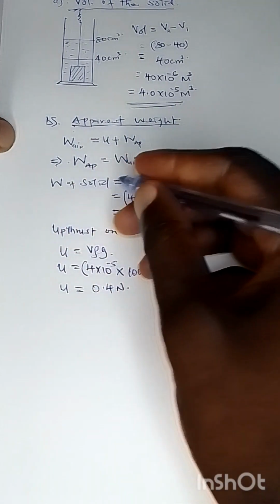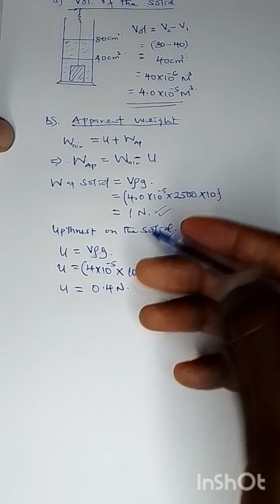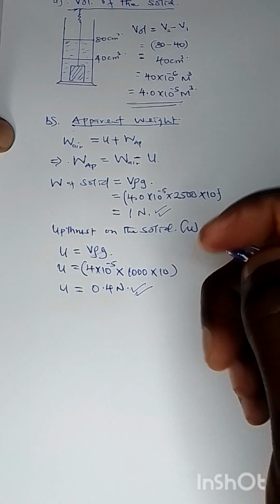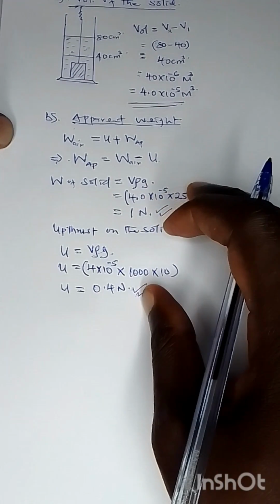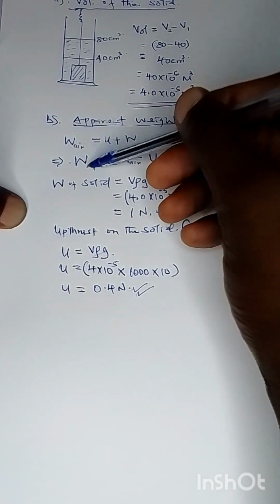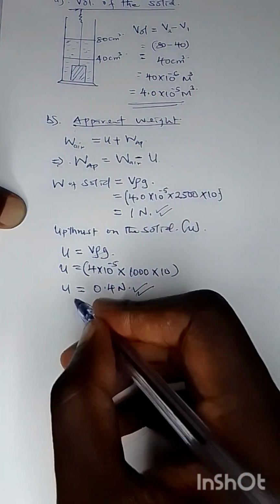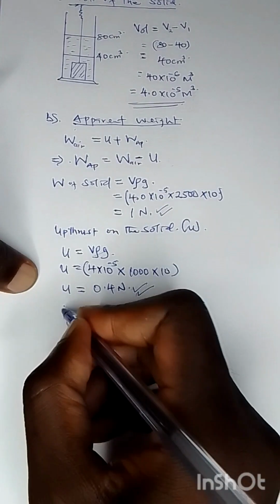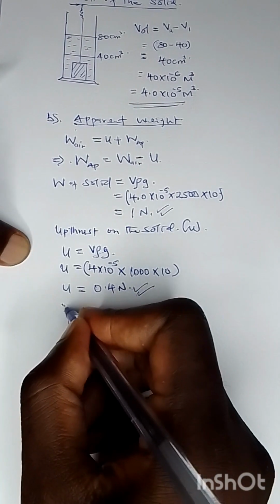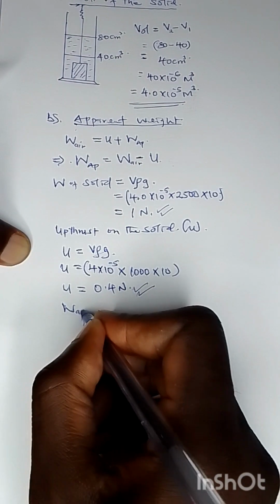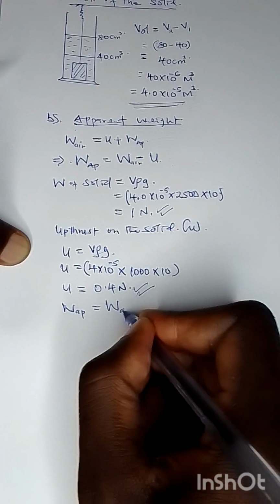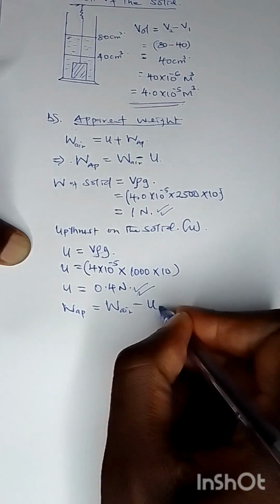So learners, we have the weight of the solid. It's the same as the weight in air, the weight of the solid in air. We also have the upthrust, that is the upward force acting on the solid. Now we apply this formula and substitute them here to get the apparent weight. We had said that apparent weight, that is W_AP, is given by weight in air minus upthrust.